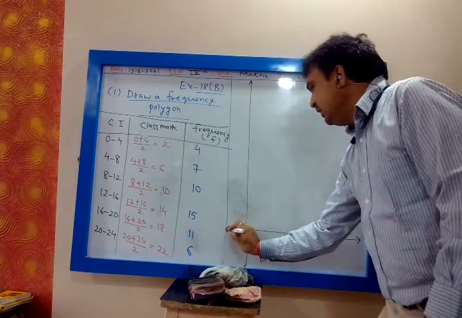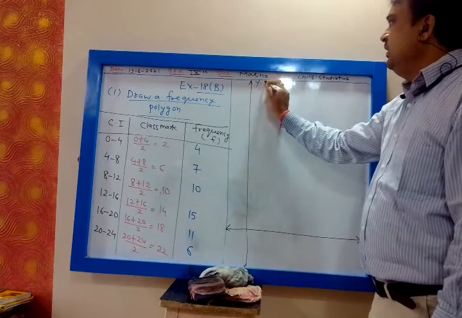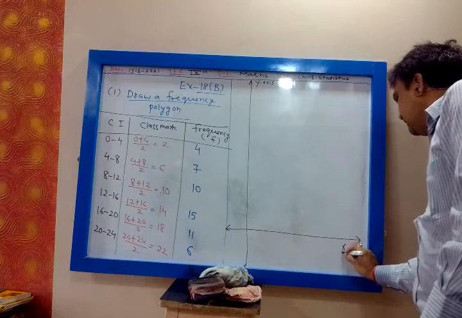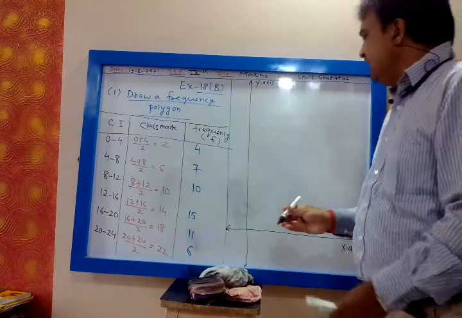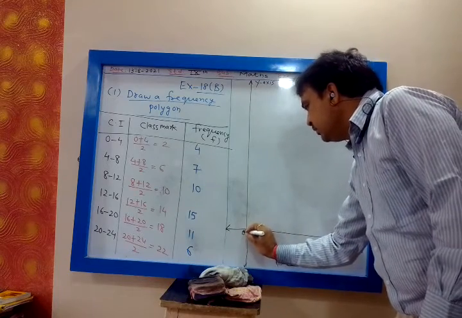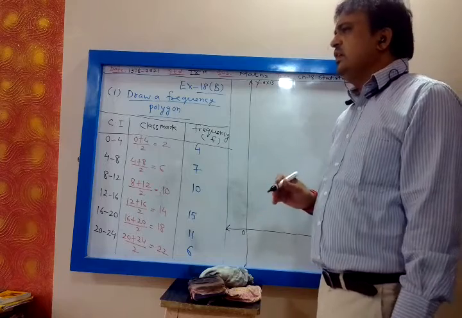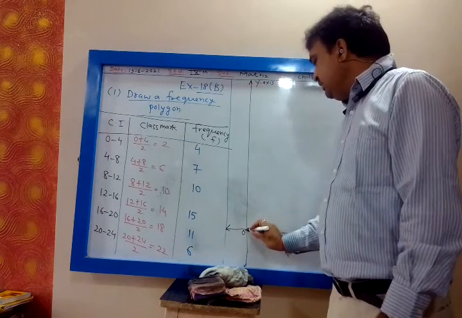This vertical line is my y-axis. The horizontal line is the x-axis. And where they meet, that is my origin, 0, 0.